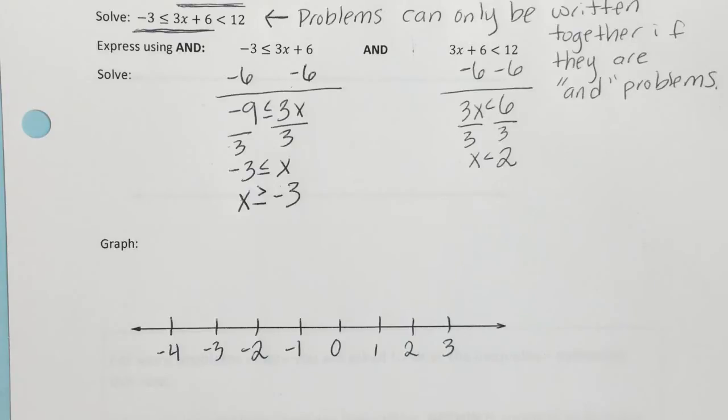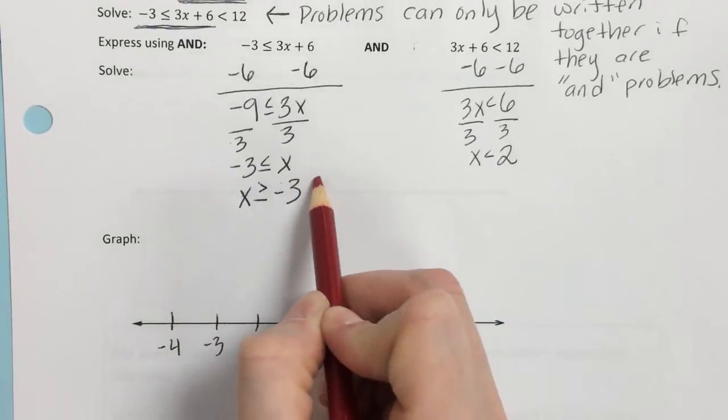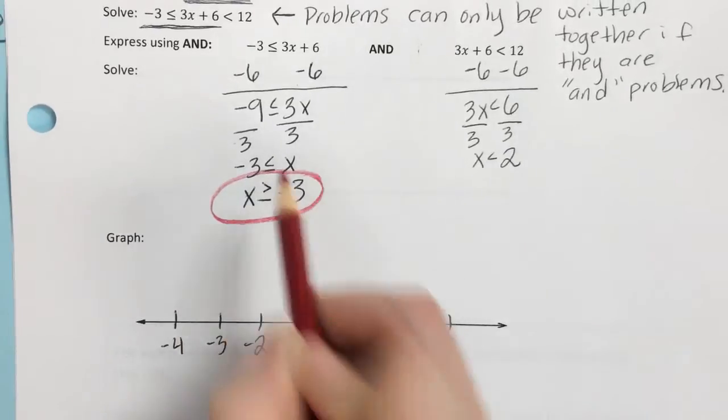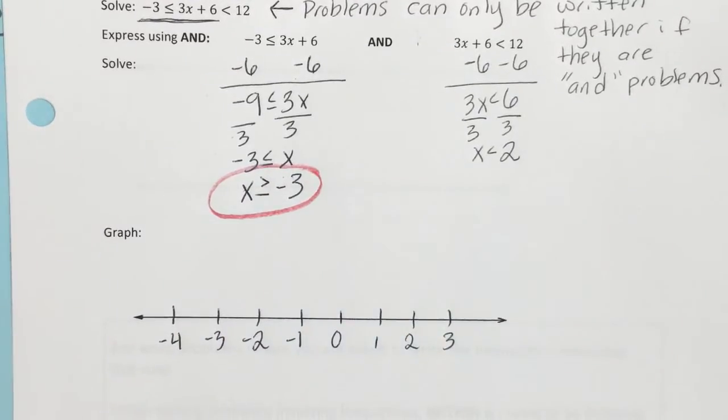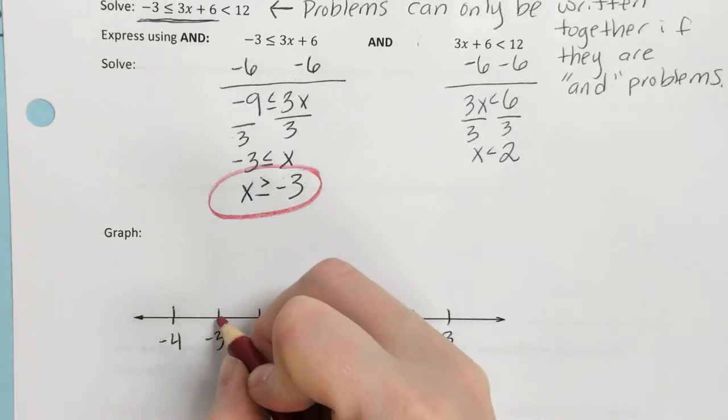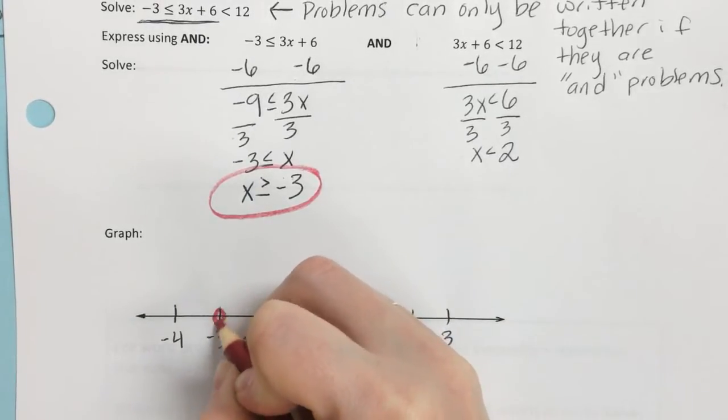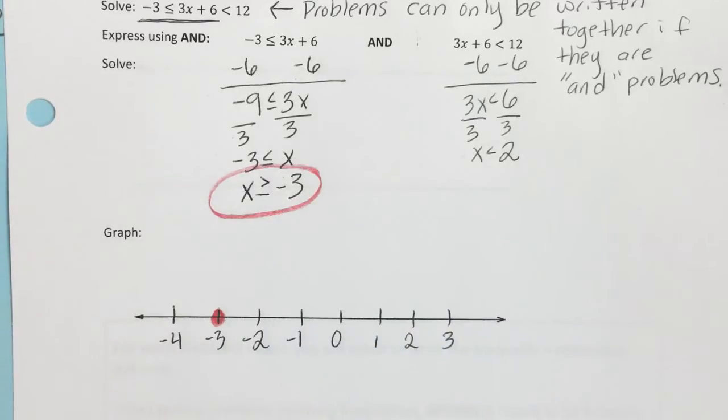I'm going to use my first color for x is greater than or equal to -3. So that's going to be a closed circle at -3. And then do I shade to the left or to the right for that one? The right.